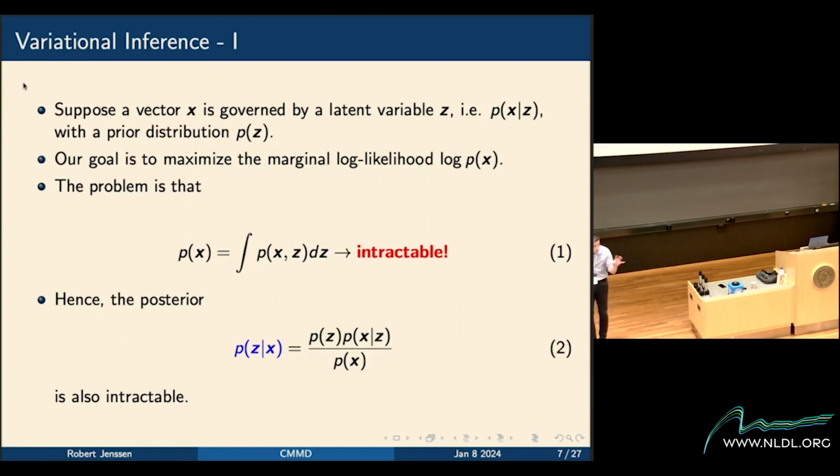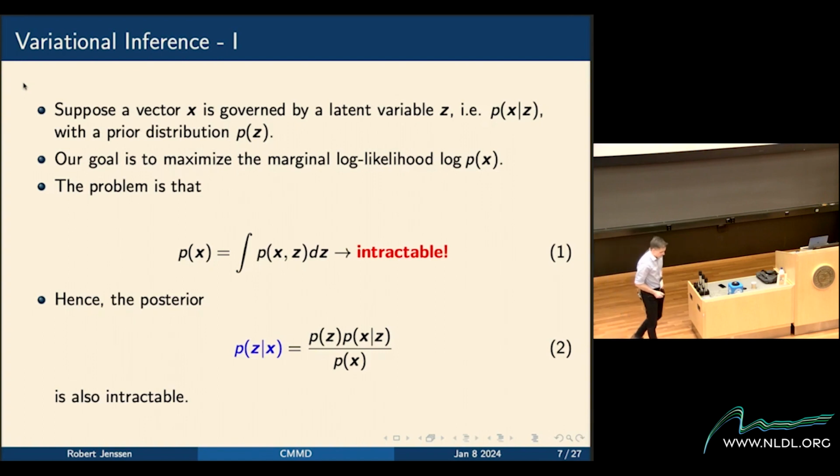Okay, so now we're just going to say a little bit about variational inference, just a general framework, which we will then use in our multimodal setting. So one step back. Okay, let's now think a little simpler, easier. We have something observed, that's x. And we have this underlying latent variable in this case for the one observed x, and it's z.